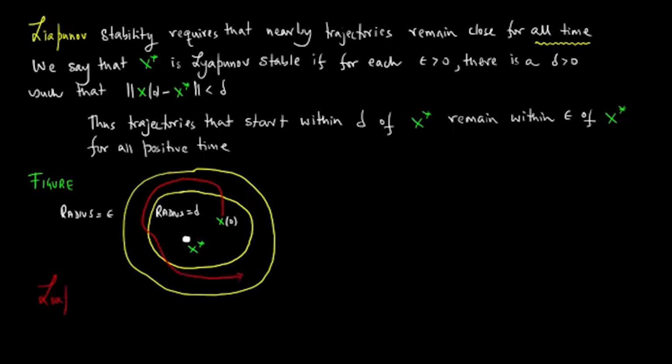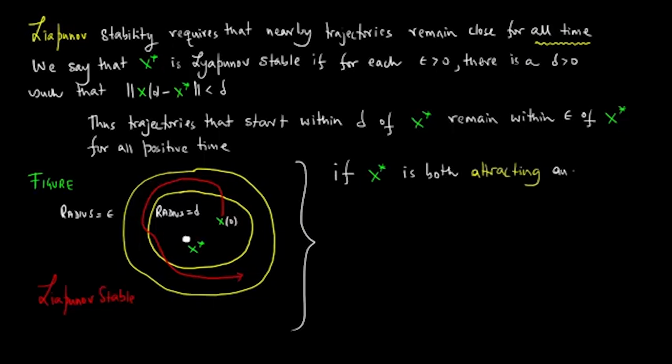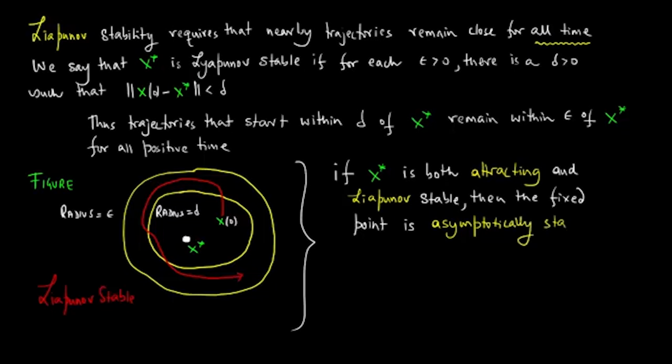So this is a visual representation for Lyapunov stability. If x star is both attracting and Lyapunov stable, then the fixed point is asymptotically stable.